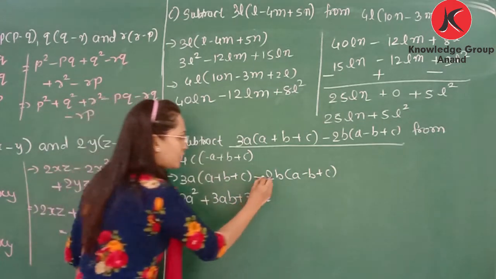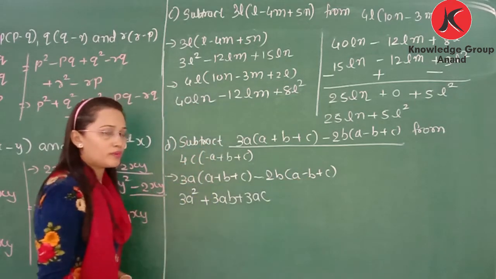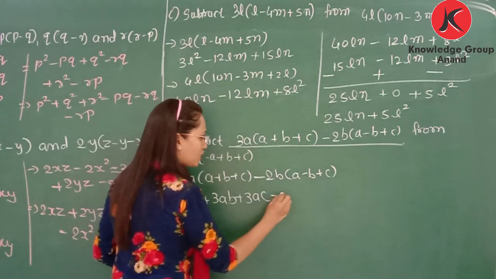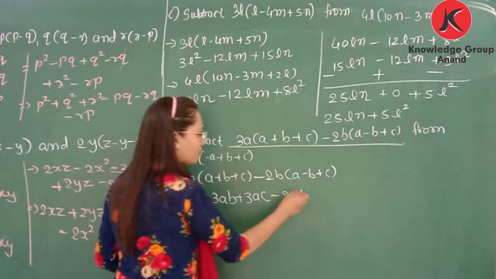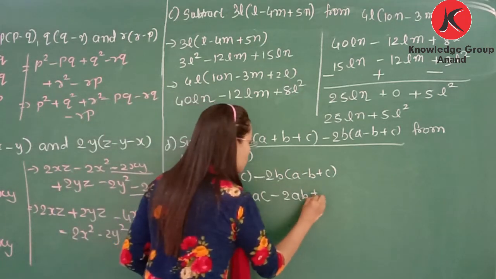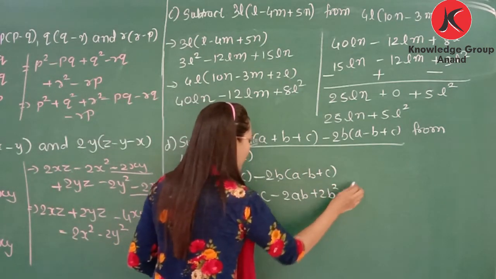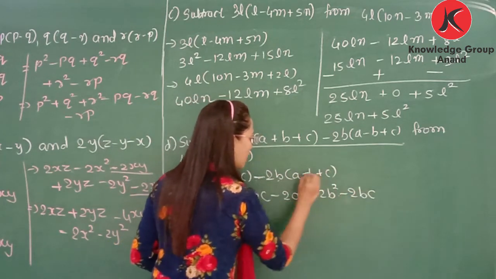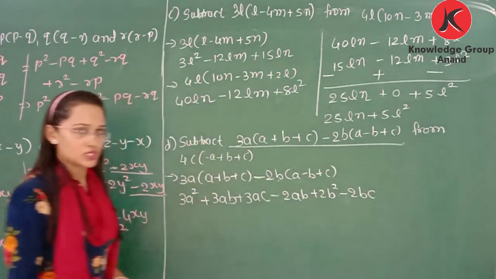Now minus 2b multiplied with a. Be careful whenever there is a negative sign. Minus 2b multiplied with a becomes minus 2ab. Minus 2b multiplied with minus b becomes plus 2b square. And minus 2b multiplied with c becomes minus 2bc. Here minus minus sign becomes plus.